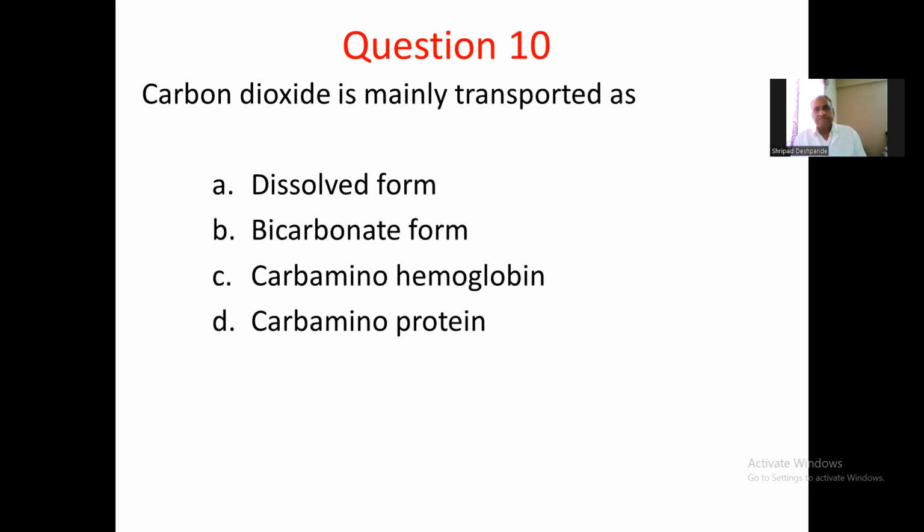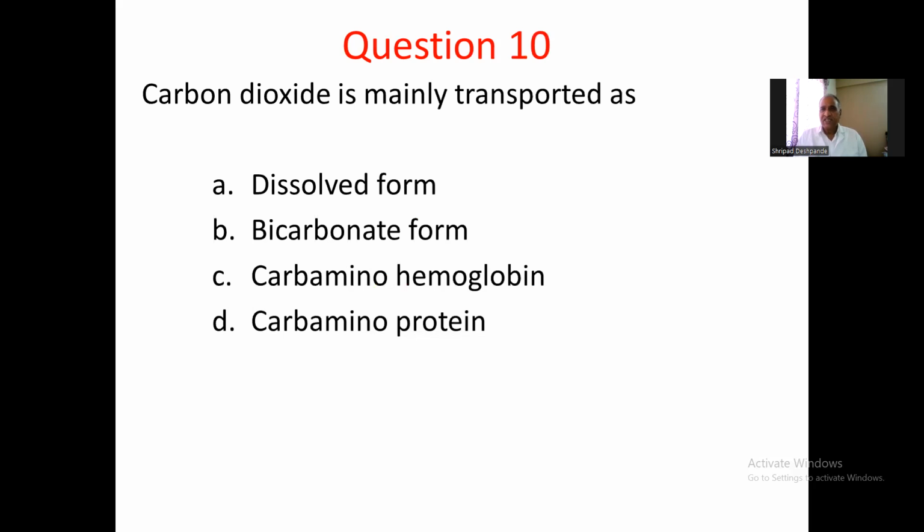Question number 10. Carbon dioxide is mainly transported as A, dissolved form, B, bicarbonate form, C, carbaminohemoglobin, D, carbaminoprotein. So dissolved form is only small, nearly 49 to 50 ml of carbon dioxide is transported.